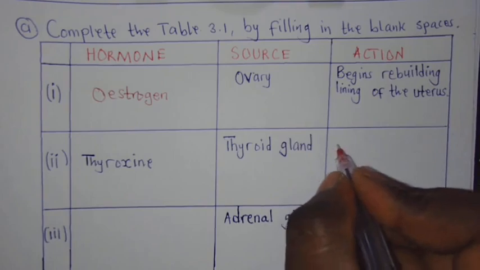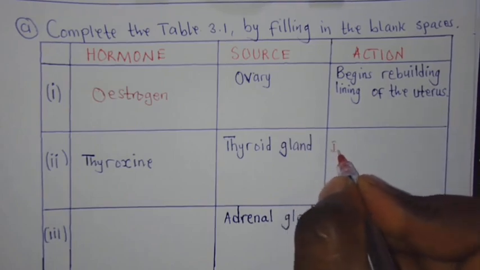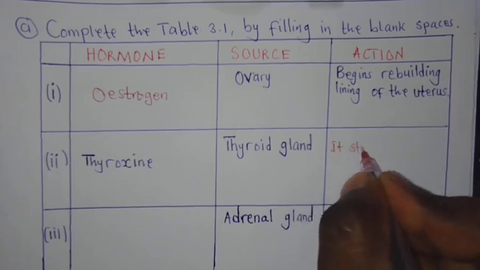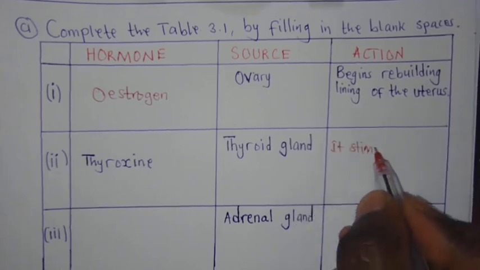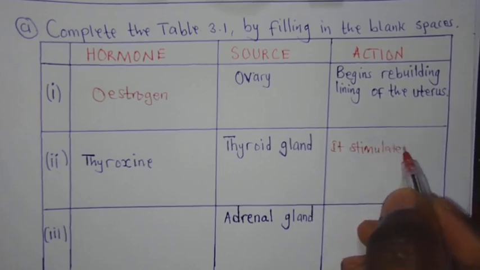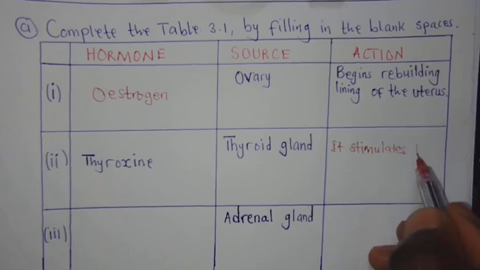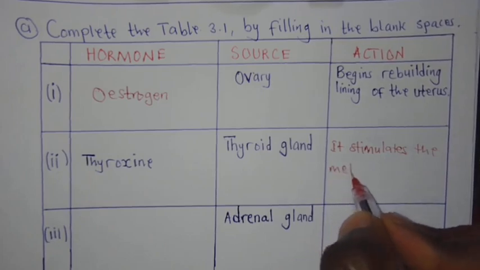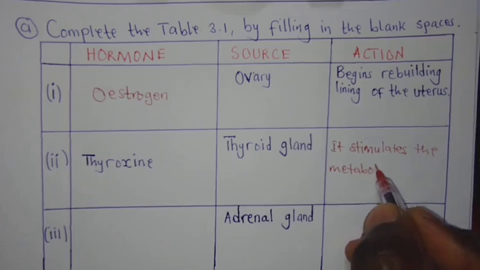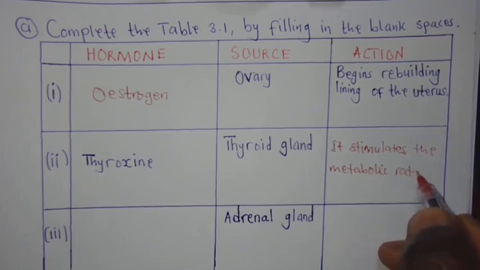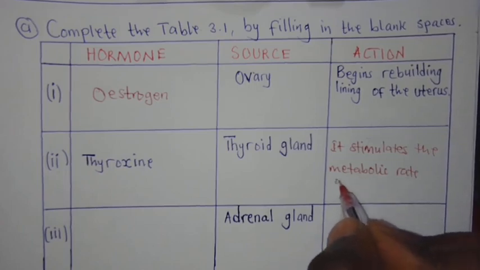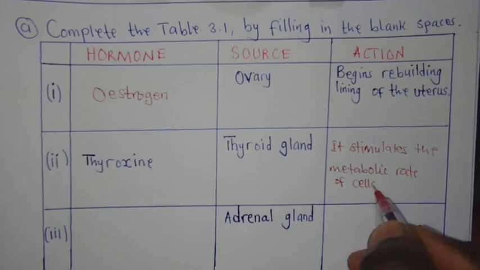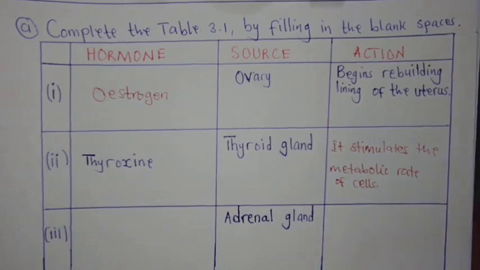Okay, so we have said it stimulates the metabolic rate of cells. So this is the function of the thyroxin hormone. It's just to increase the metabolic rate of the cells.